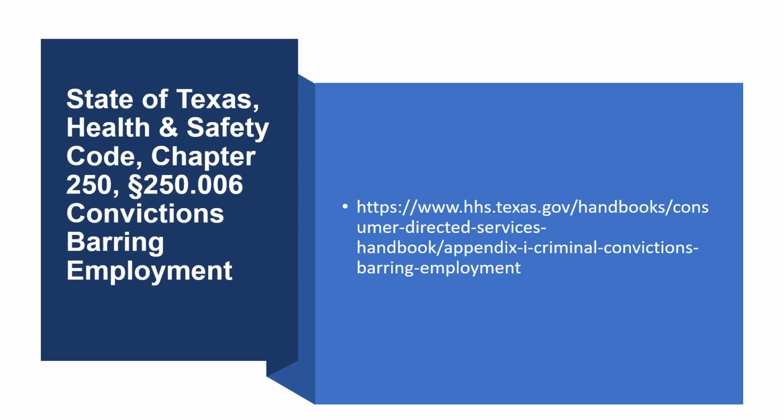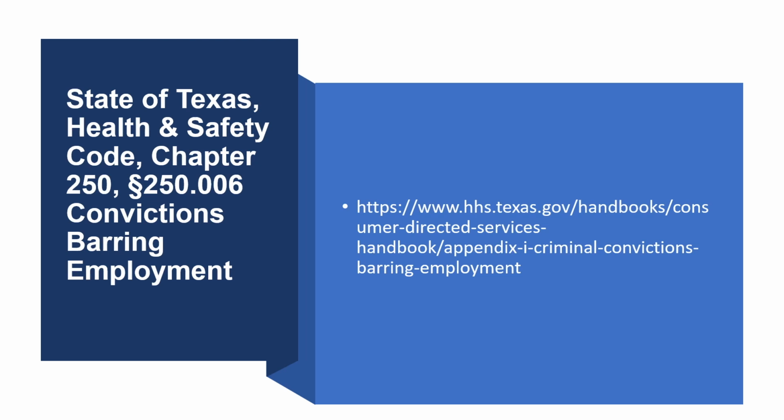As I stated before, Health and Human Services has their list of bars to employment, and it's in the State of Texas Health and Safety Code, Chapter 250.006, Convictions Barring Employment, and this is the website.